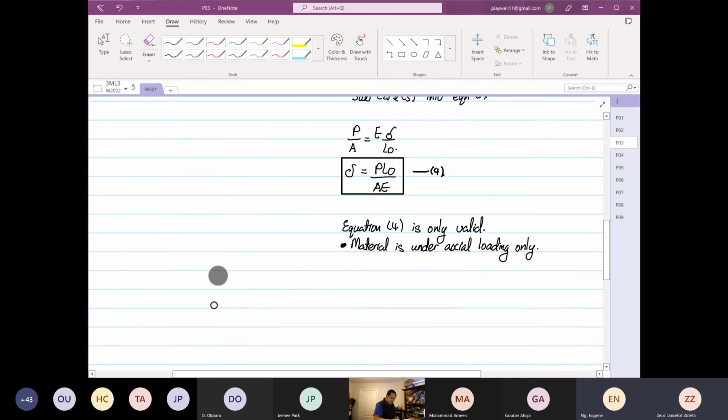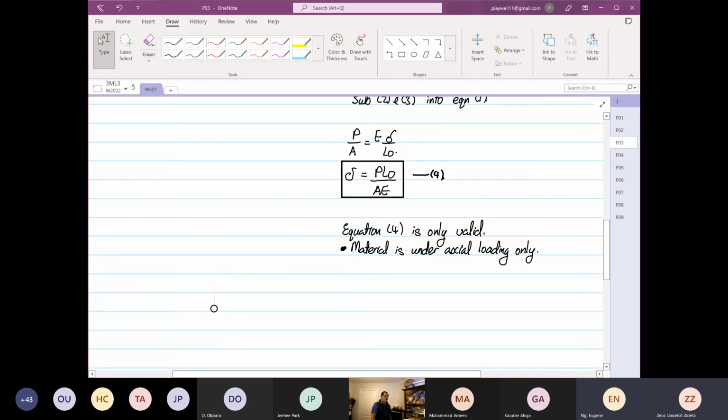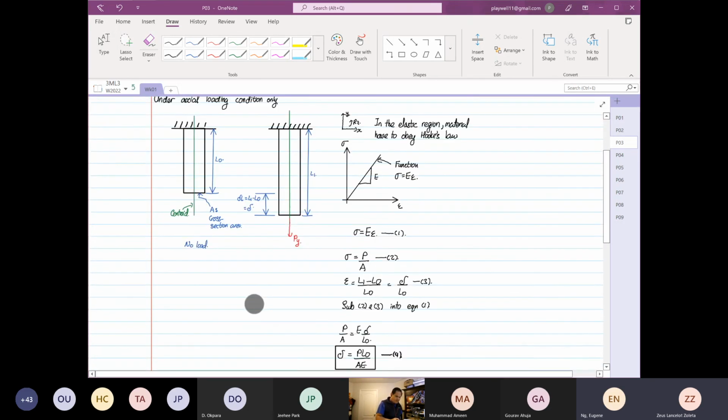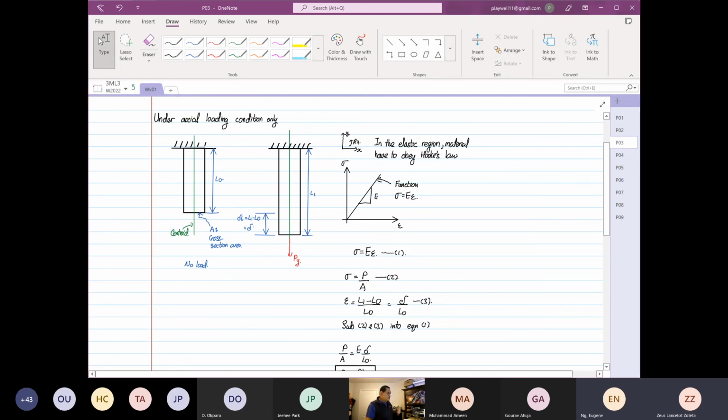Okay, and I'll tell you why. Why under axial loading only? Because if you look at how we started deriving it, the diagram we have drawn over here is only valid under what? Axial loading condition. Yes, if you have bending, torsion, this formula is no more valid.